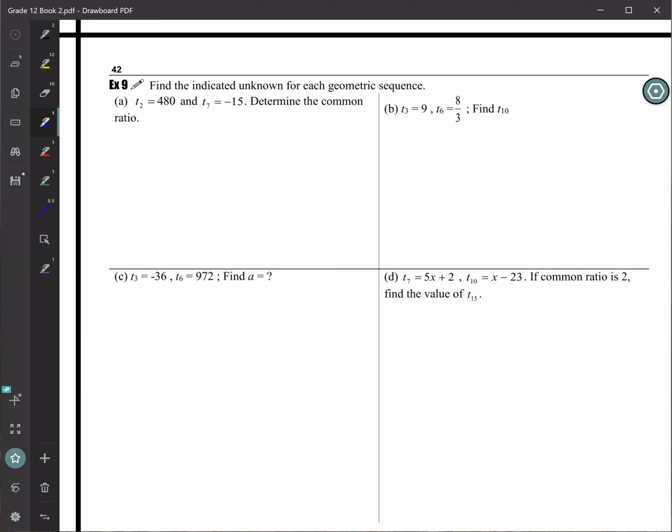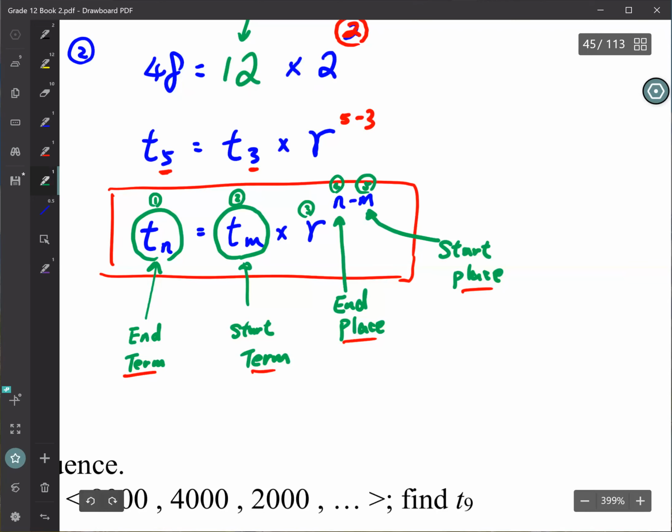The first one, we'll go over this one together. As you can see in the formula, over here, we'll use this one. I'll number them: 1, 2, 3, 4, 5. 5 things: find ending term, starting term, ratio, ending place, starting place.